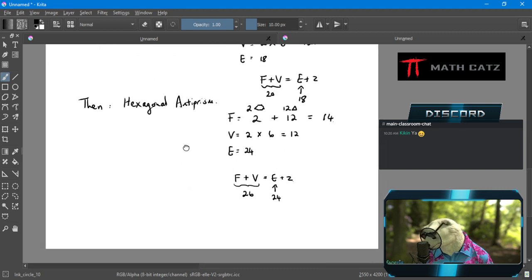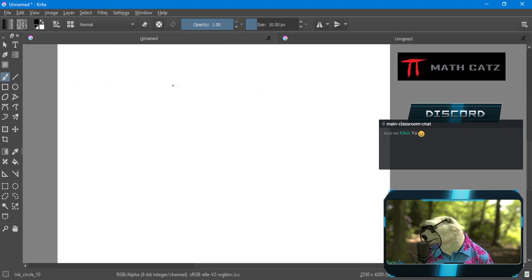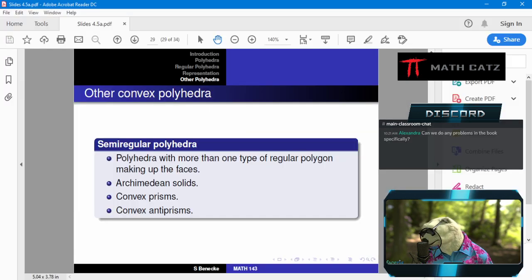Whoops. Space, I have space over here. Okay. Test questions. Let's be clear on that so it's on camera. In the catch-up sessions after this, we do whatever you want to do. So now, okay, test questions. Let's just go to our table of contents here. Oh, I don't have the book.